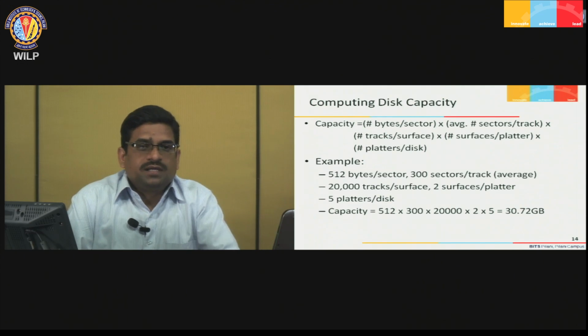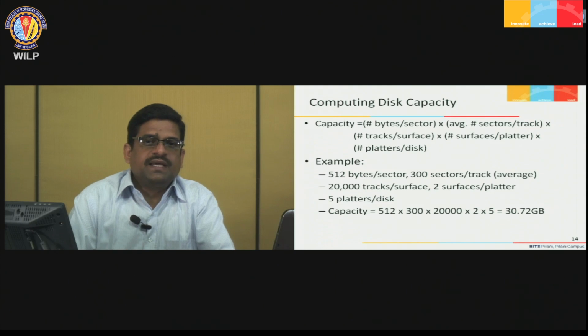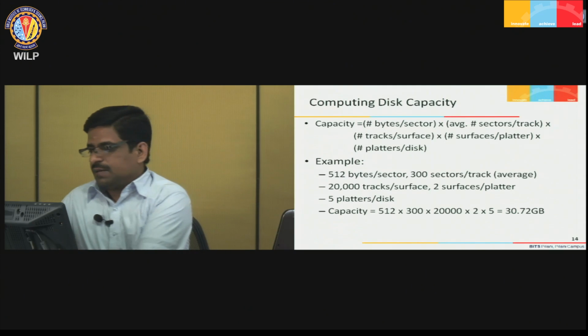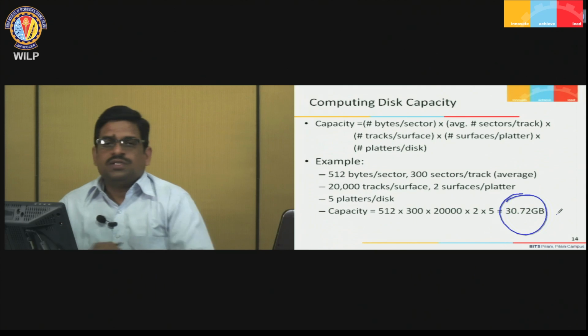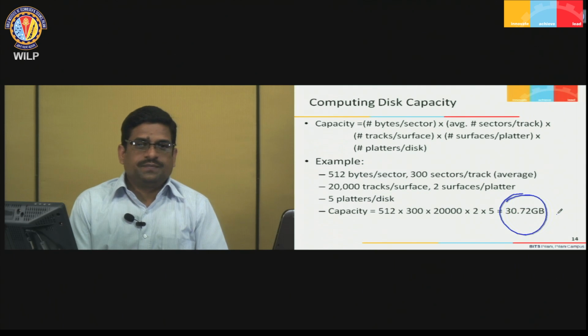Then 20,000 tracks per surface are there, let us say, and there are 2 surfaces per platter, meaning both side recording surfaces are there, and a total of 5 platters on the disk. In that case you multiply all these terms and you will get the total capacity of this disk. In this particular case, you will get 30.72 GB, or gigabytes.